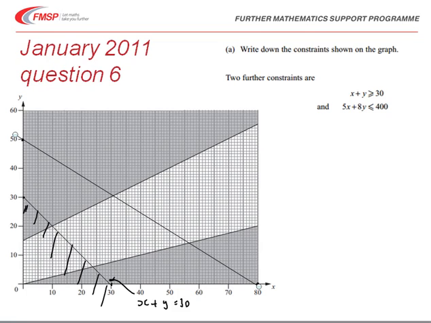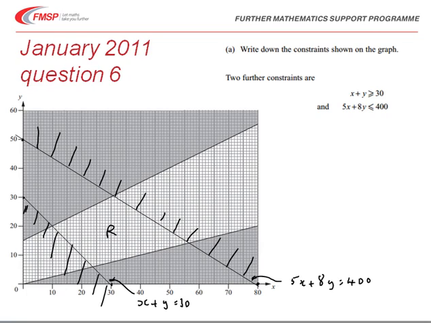And we can label that line as 5x plus 8y is equal to 400. We want below that line, we want less than that, so shading out above it. And that gives us our feasible region R.